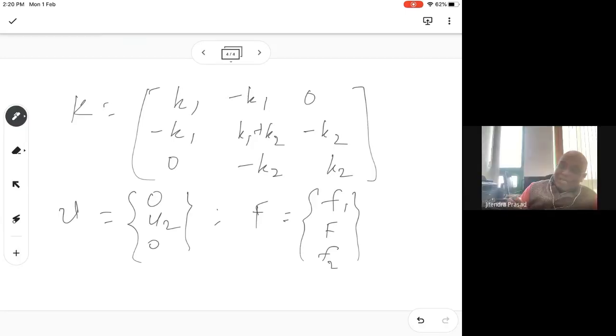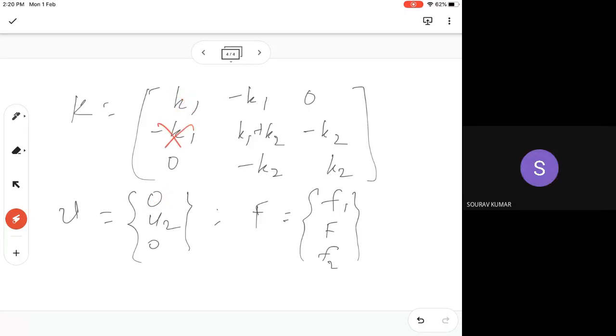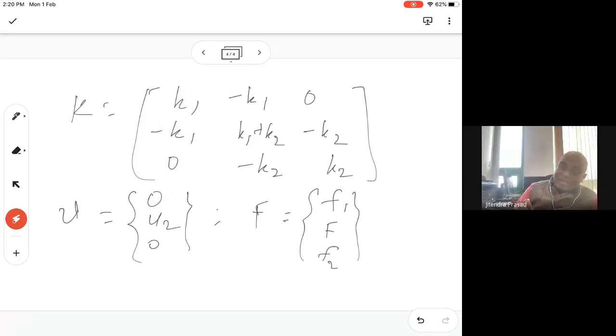Now we write this matrix multiplied by this vector equal to this vector. Since U1 and U3 are 0, those 0s multiply the corresponding columns. F is known, but F1 and F3 are not known, so we only want the row for which F is known.